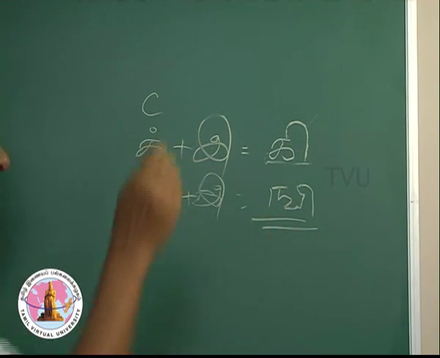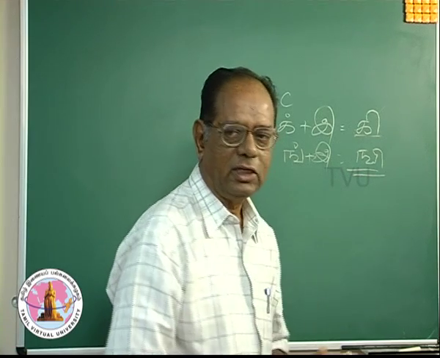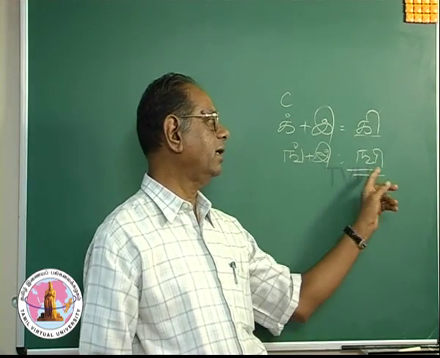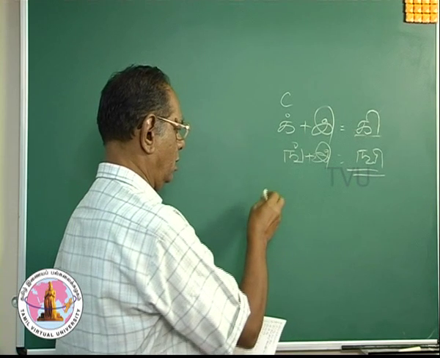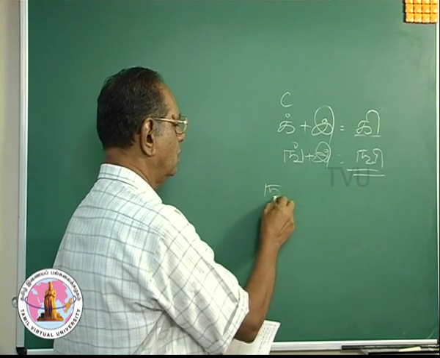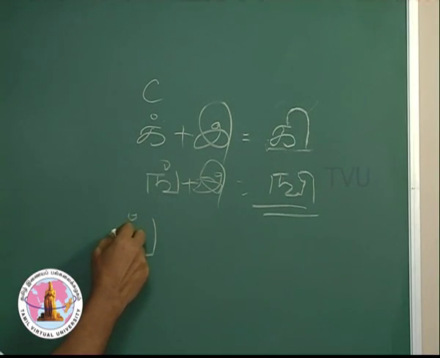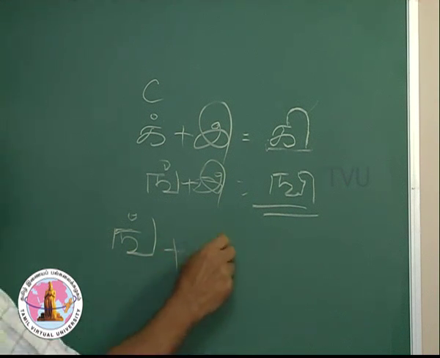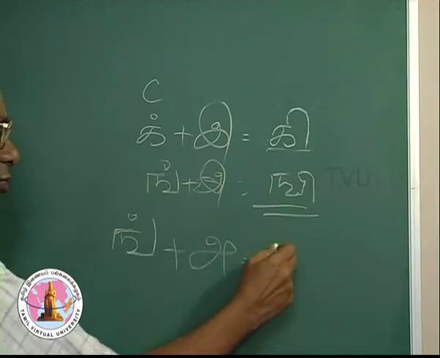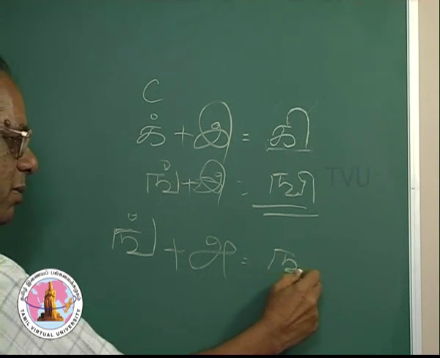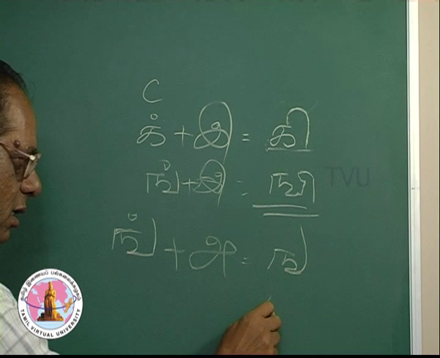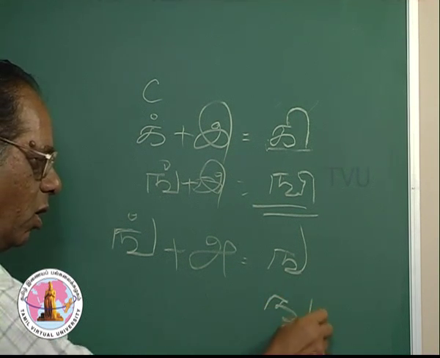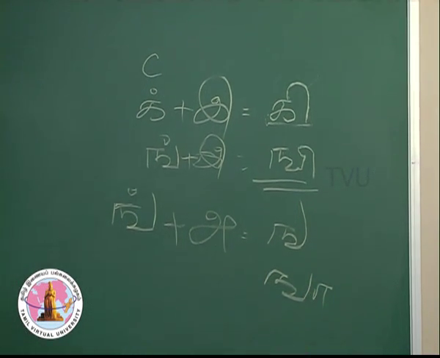Now, I would like to mention a special thing about this letter ni. In the consonants, we saw na, and in combination with a vowel, this became na, and with o it was na.